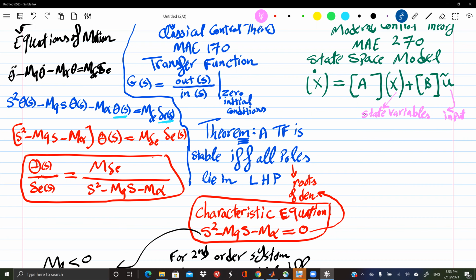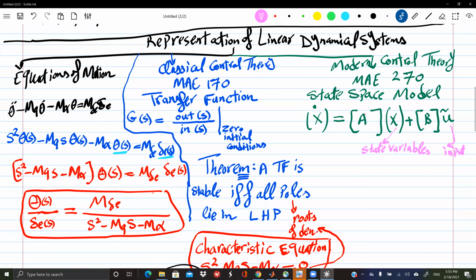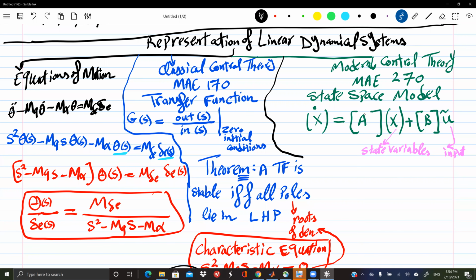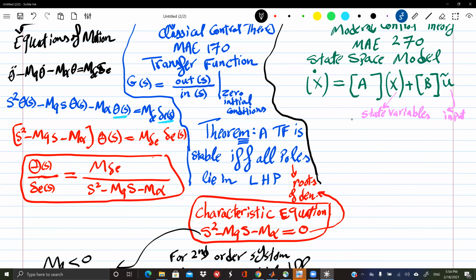So let's do that. And again, I will require that you know how to do that. So we're gonna do it together. So let's see, theta double dot, here is my equation of motion: theta double dot minus m_q theta dot minus m_alpha theta equals m_elevator delta elevator. First of all, you need to identify what your states are, what your x's are, and what the u is.